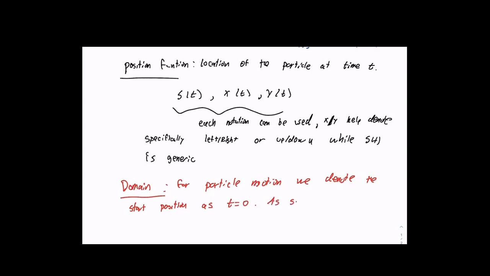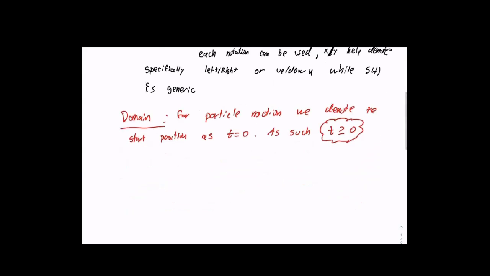As such, t has to be greater than or equal to 0. So our time starts at 0. There's no such thing when we talk about these problems in terms of negative time. We have a start. There's always a start, and that start is denoted as t equals 0.